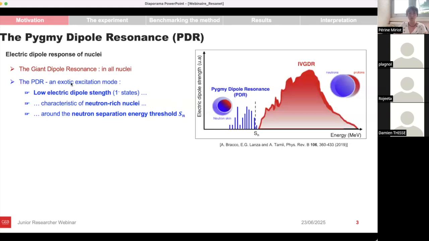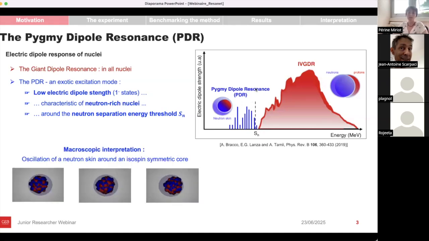So it corresponds to an exotic excitation mode, which is characteristic of neutron-rich nuclei and of electric dipole nature, and which is located at energies below the isovector giant dipole resonance and around the neutron separation energy threshold. And one possible macroscopic interpretation of this PDR is that it may correspond to the oscillation of a neutron skin made of the neutrons in excess against an isospin symmetric core.